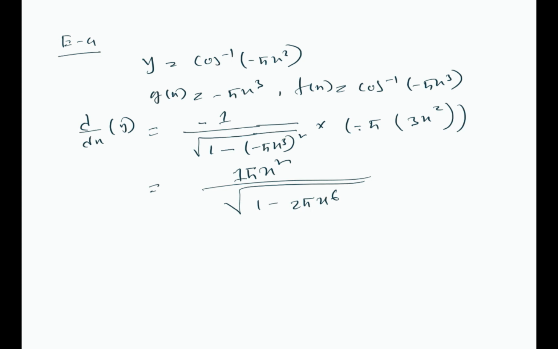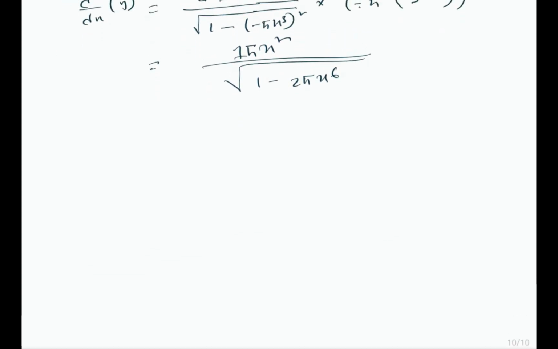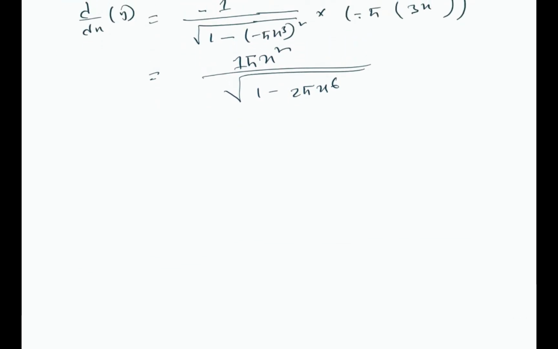And we can do one more example. Example 5. For example 5, we have a function f of x equal to inverse sine of 5x squared, all to the power 3.